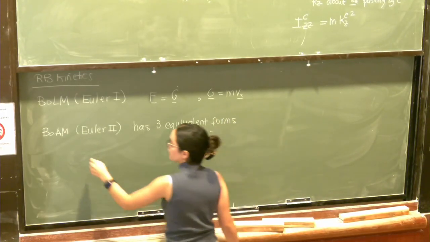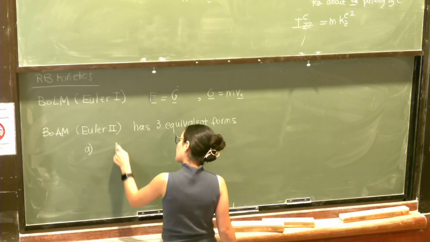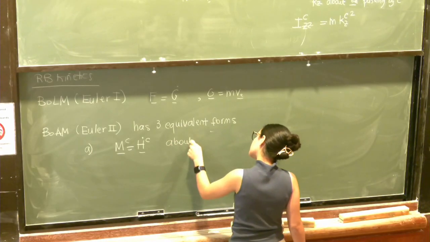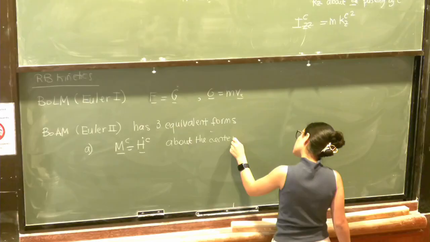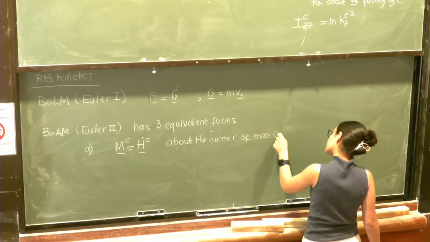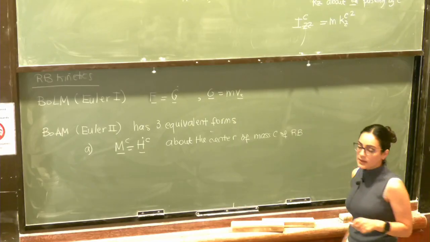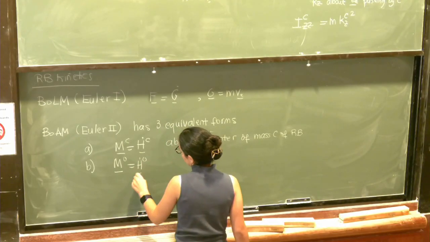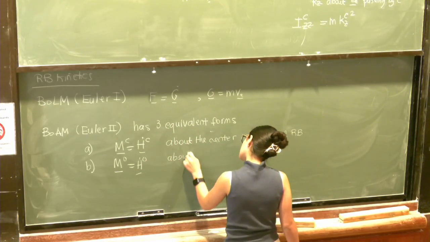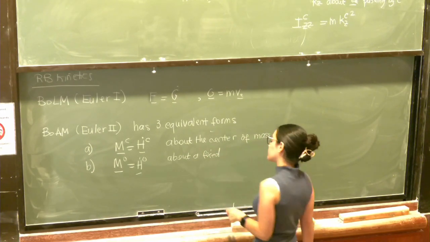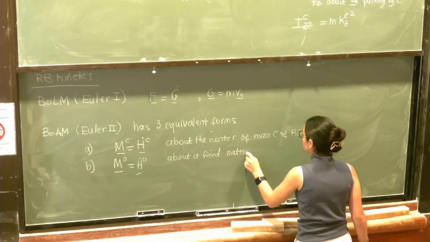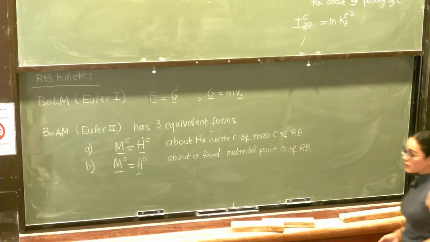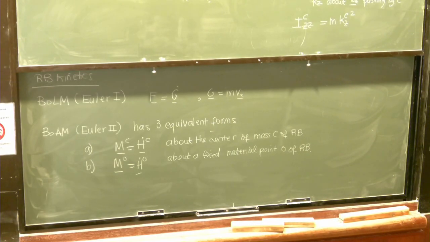The first form is that about the center of mass C, M_C is equal to H dot C. The second one is about a fixed point O. So this second form cannot always be applied because we don't always have a fixed material point on a rigid body.